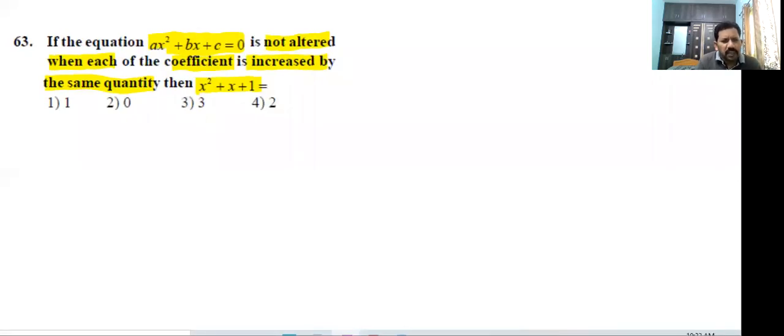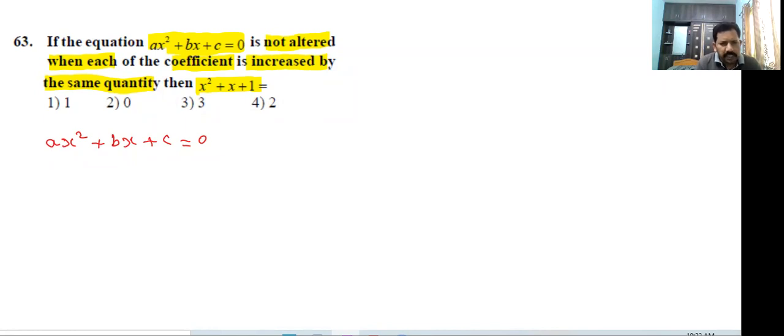Here one quadratic equation is there: ax square plus bx plus c is equal to 0. Now the given each coefficient is increased by the same quantity, so that there is no difference between the first quadratic equation and the transformed equation.